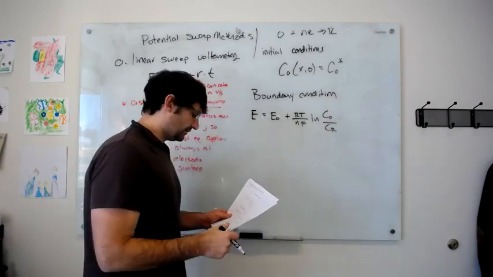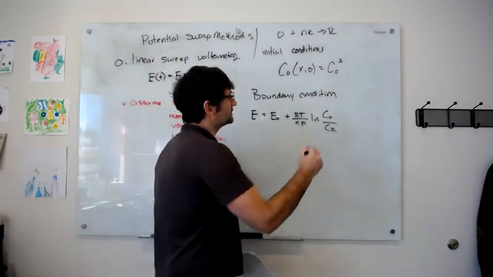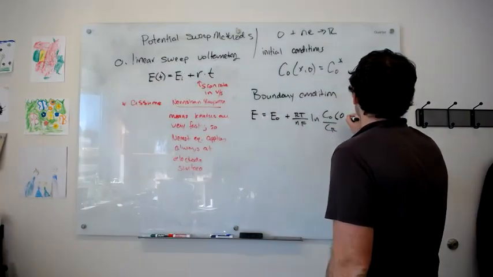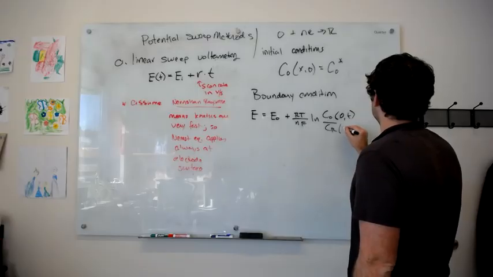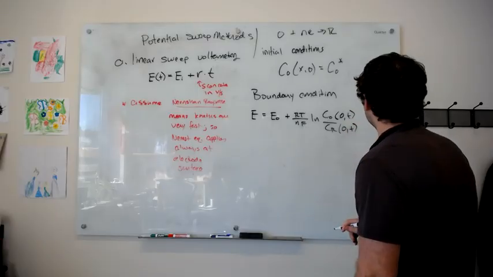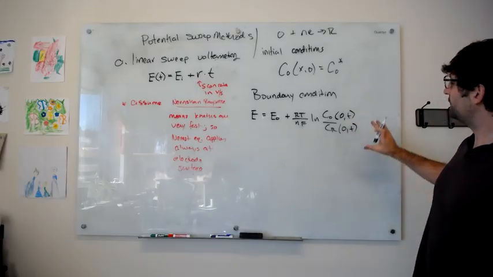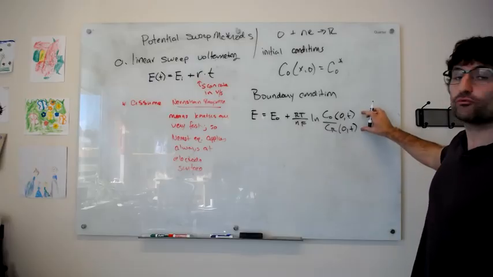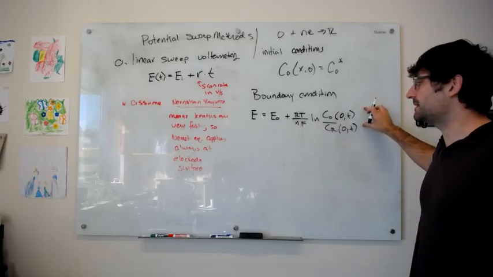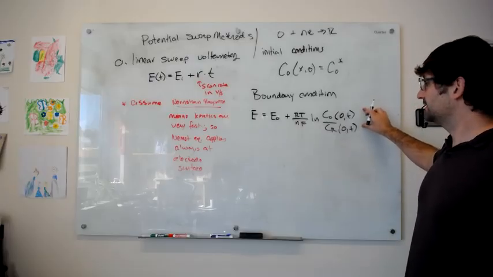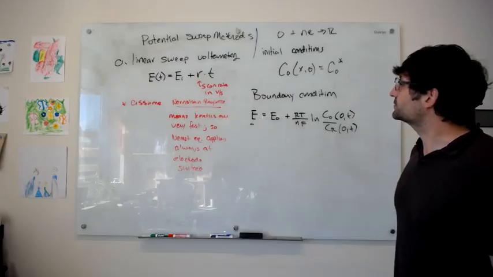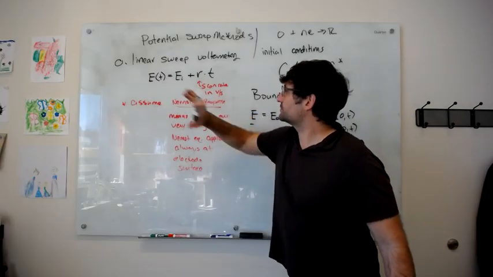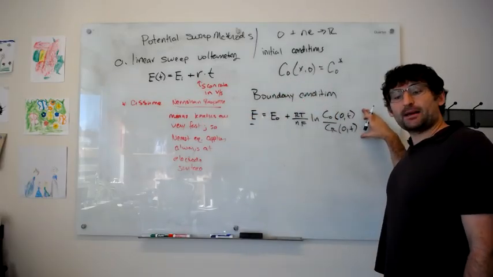Right? So if the Nernst equation holds at the electrode surface at x equals 0 at all times, this effectively tells me what the ratios of my concentrations must be for any given electrode potential.